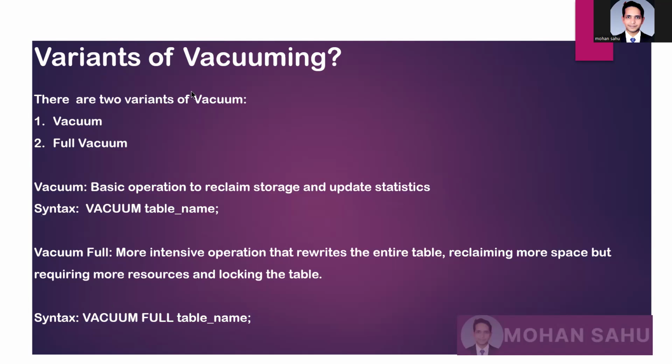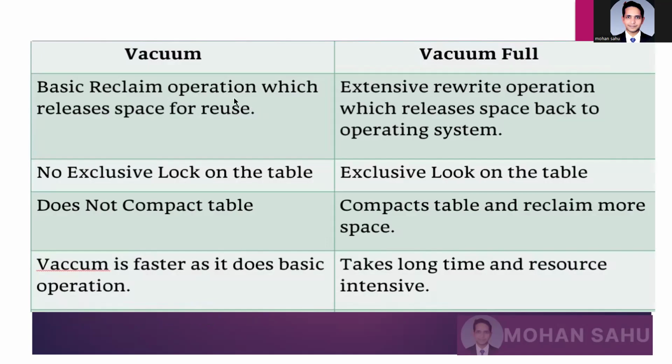So these are the two variants of vacuuming in PostgreSQL, and there are differences between vacuum and vacuum full. The first is a basic reclaim operation, which releases space for reuse. It does not release the space to the OS. The other is an extensive rewrite operation, which releases space back to the operating system. The standard vacuum does not acquire any lock because it is simply making the space available for reuse.